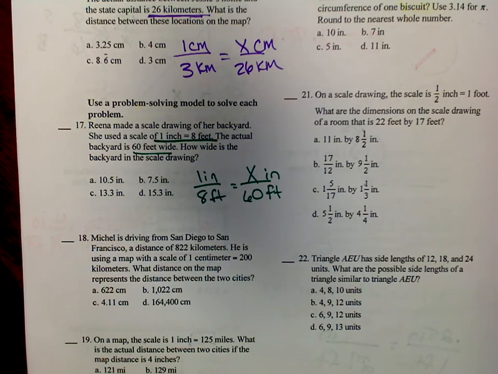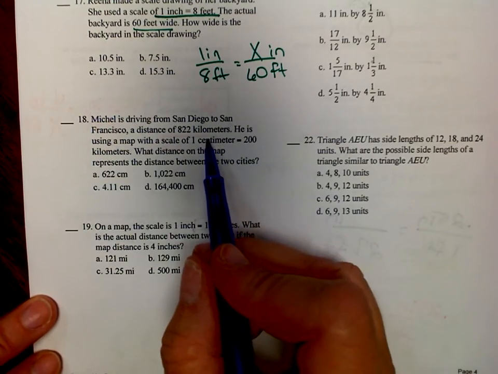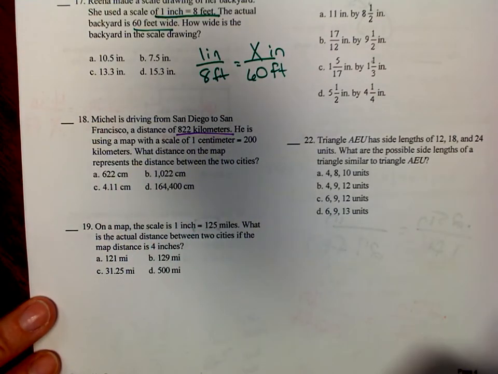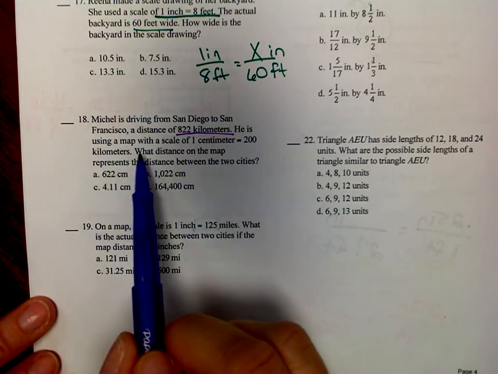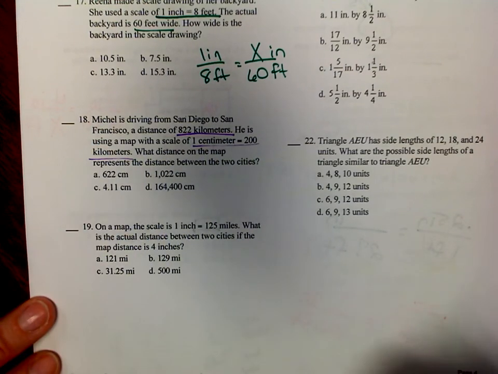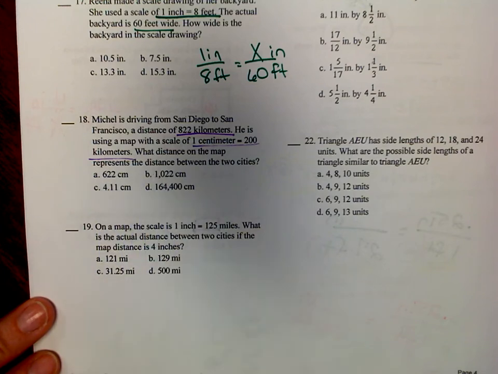Okay, number 18. Michael is driving from San Diego to San Francisco, a distance of 822 kilometers. He is using a map with a scale of 1 centimeter to 200 kilometers. What distance on the map represents the distance between the two cities?